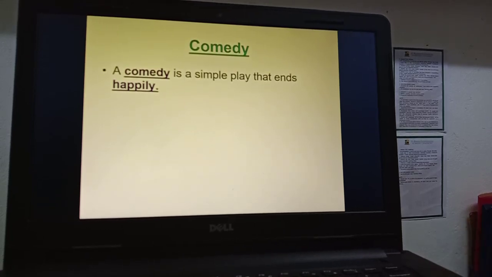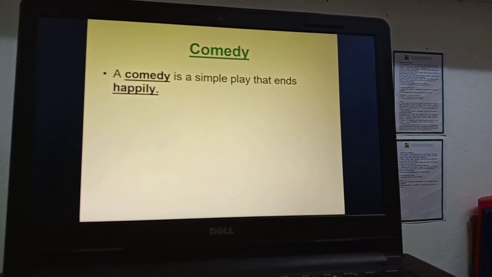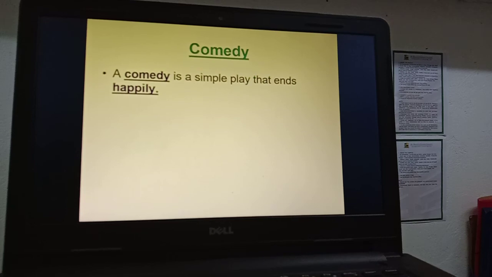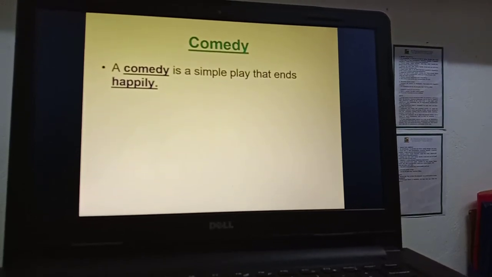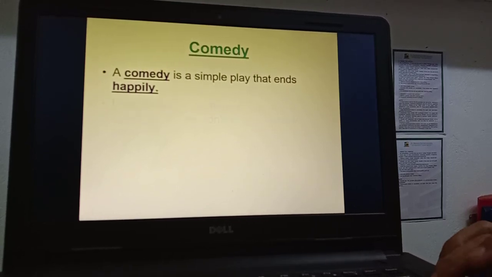Do you know that it's easier to make an audience cry than to make an audience laugh? Pinakamahirap sa isang mandudula ang pagpapatawa sa tao. Kung kaya, in my experience as a stage actor, mas mahirap ang comedy kaysa sa mga realistic plays.